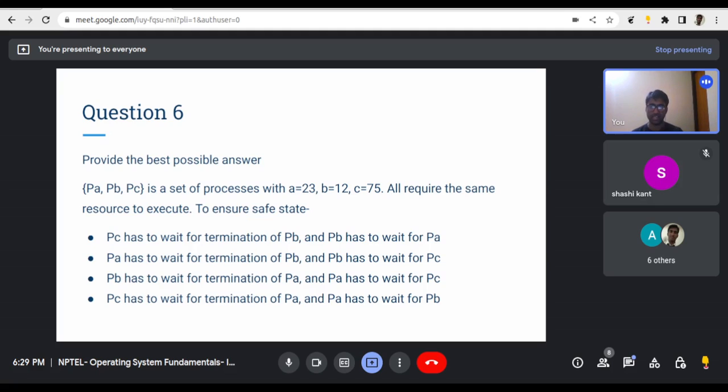PC has to wait for termination of PB, and PB has to wait for PA. Or PA has to wait for PB, and PB has to wait for PC. Or PB has to wait for PA, and PA has to wait for PC, and PC has to wait for PA, and PA has to wait for PB. Which among the following do you think is a correct system?